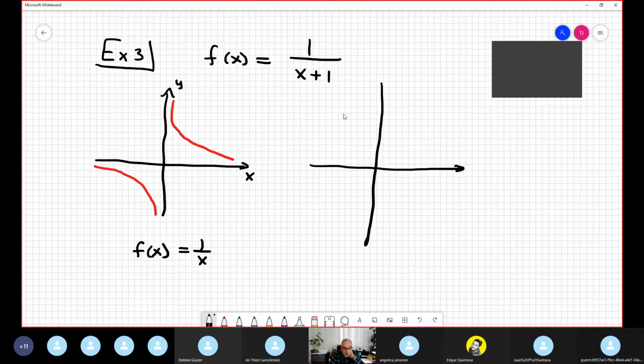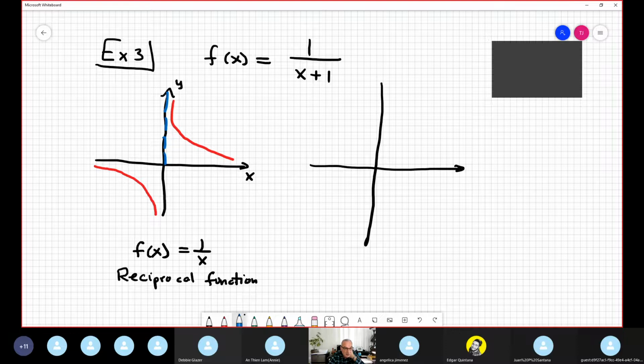Okay. This is a reciprocal function. Contain one vertical asymptote here, but let me show you in blue color.